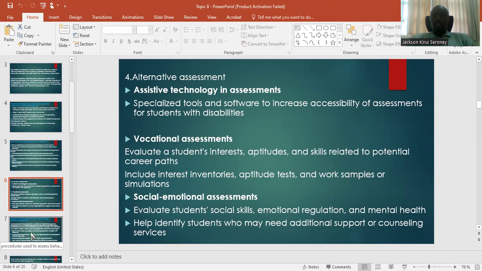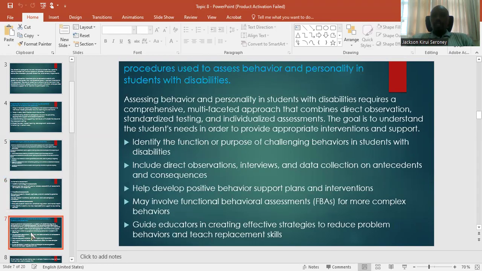Another area of interest in this topic is the procedures used to assess behavior and personality of students with disabilities. First, assessing disability needs a multifaceted approach. And the goal is to understand the student's needs in order to provide appropriate interventions and support.